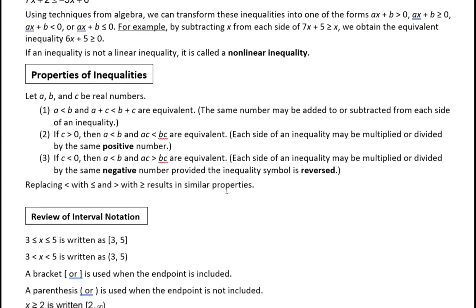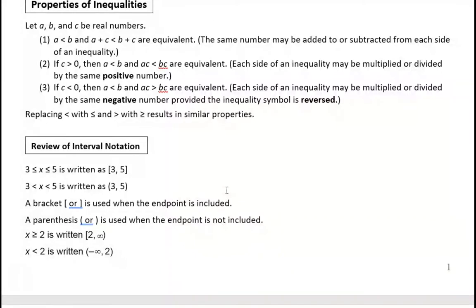Next, briefly, we can go over interval notation. You use a bracket if the number is included within the interval, or a parenthesis if the number is not included. For example, in the first case on the number line, we use closed points. 3 and 5 are both included, and you take the numbers between them, so it's 3 and 5.